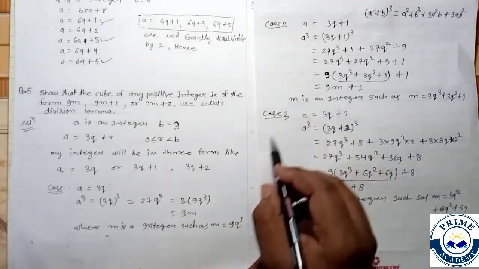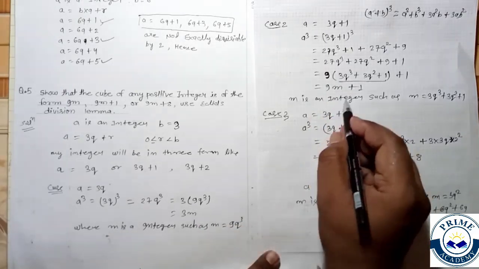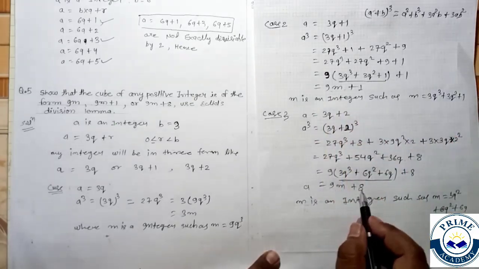So in all three cases you will see the form, 9m, 9m plus 1, or 9m plus 8.